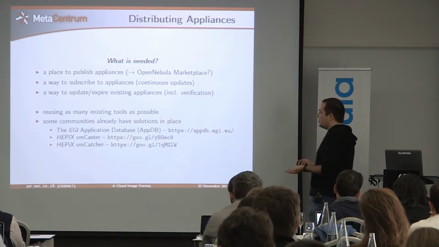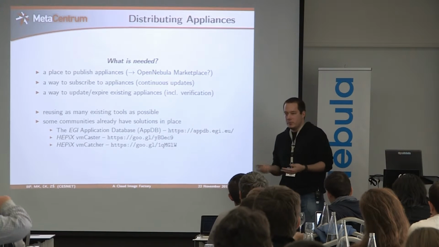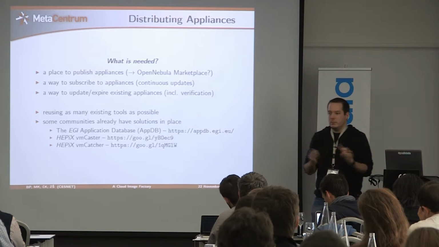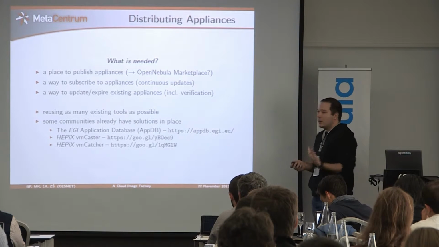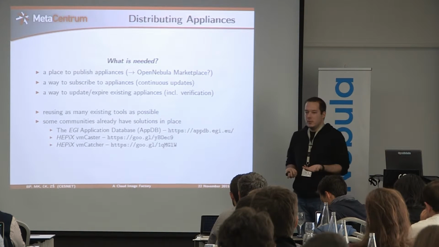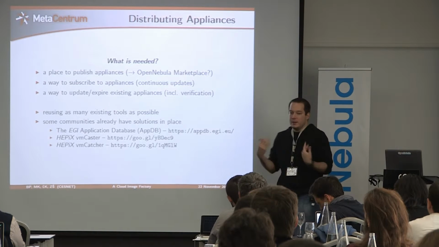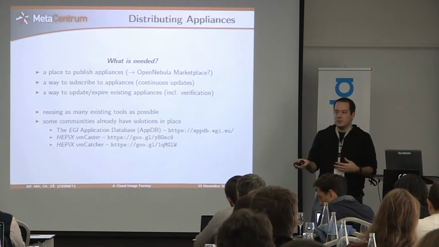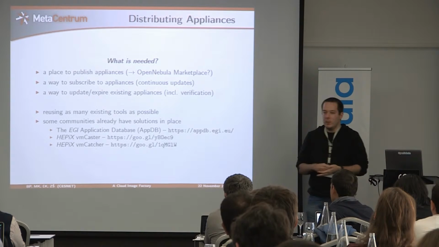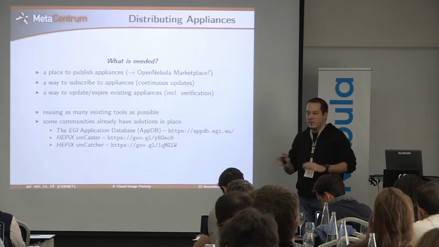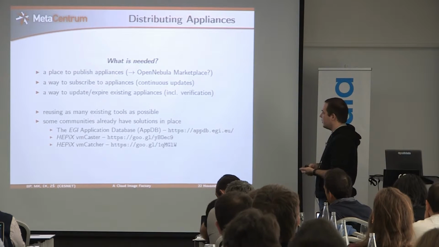And if someone updates the original appliance with a potentially important update, security fix or bug fix or whatever, you would like to receive this new version. So that's an important feature which is provided by our tool, but we are also considering integrating with the OpenNebula Marketplace to somehow close the circle and make it available in different ways.